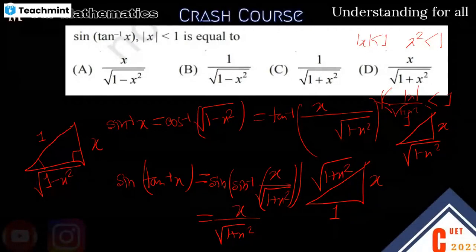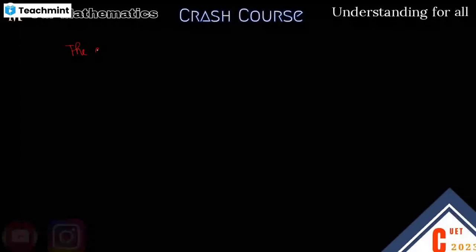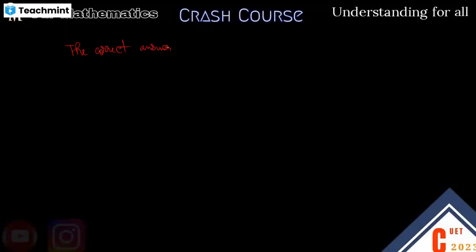That's why we can write sine of sine inverse x by root over 1 plus x square is equal to x by root over 1 plus x square. The correct answer is option number B, that is x by root over 1 plus x square.